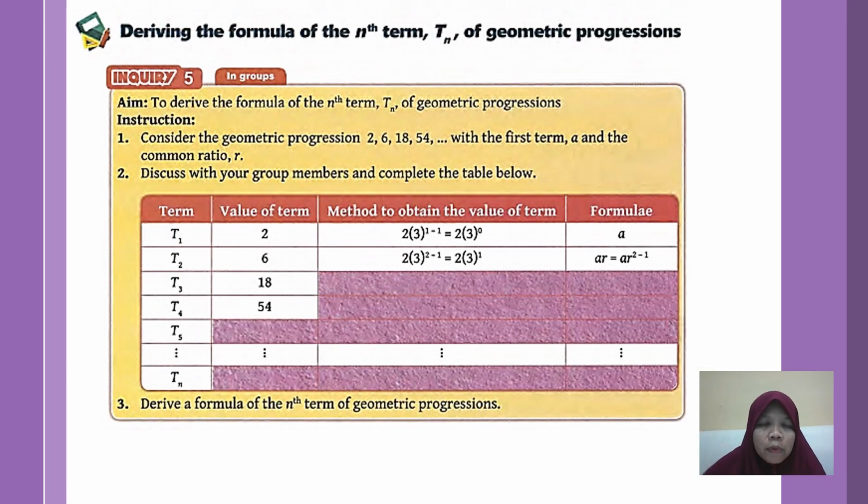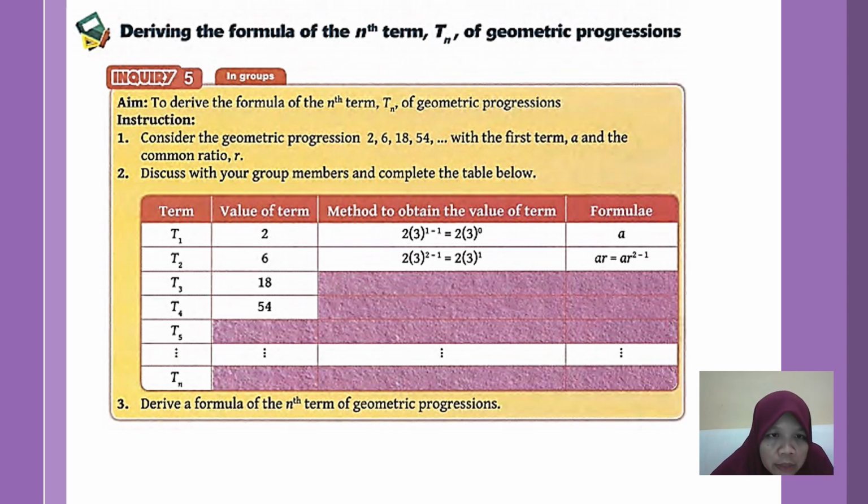Next, deriving the formula of the nth term Tn of a geometric progression. How do we derive the formula of the nth term of a geometric progression? Let's do inquiry 5. The aim of inquiry 5 is to derive the formula of the nth term Tn of a geometric progression.